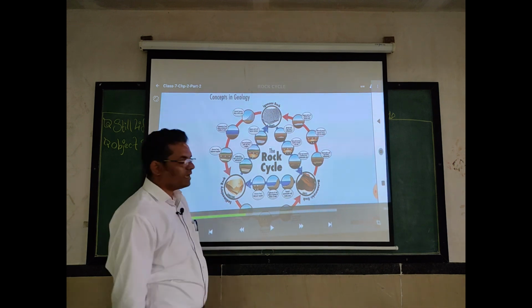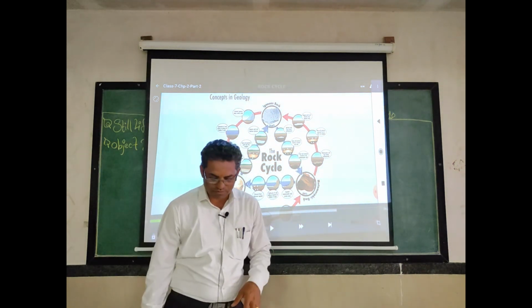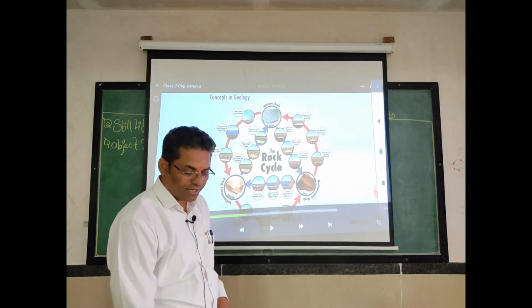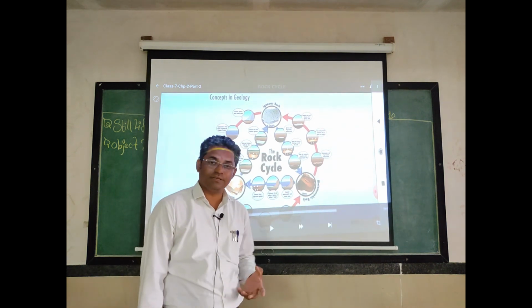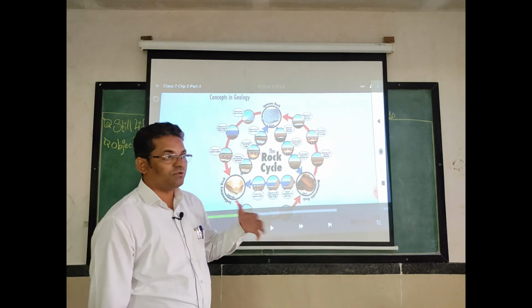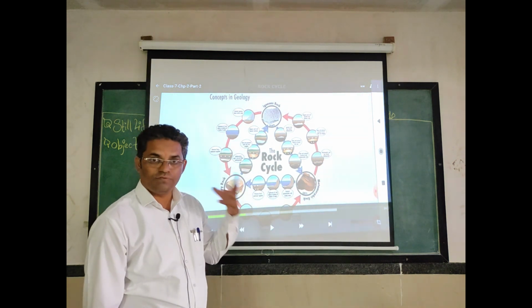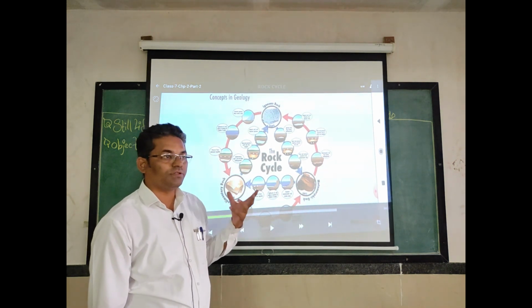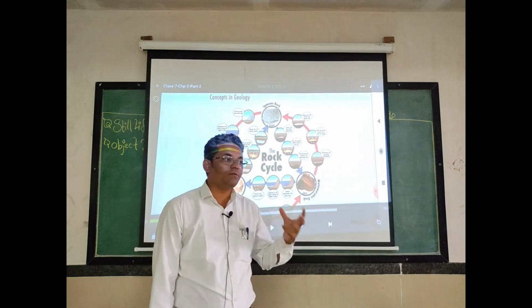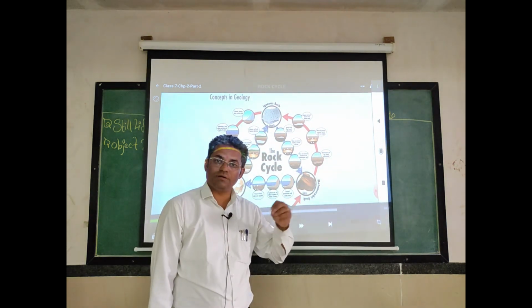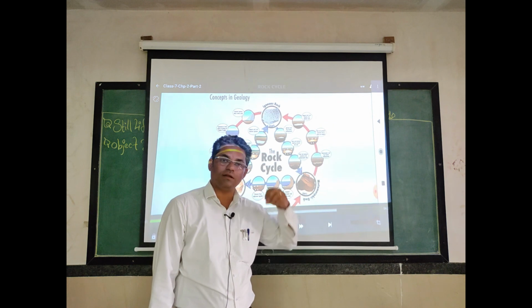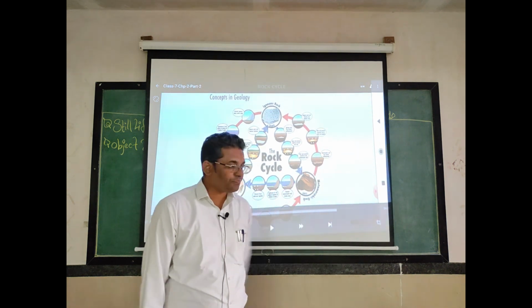Now sedimentary rock has several things, like sometimes while flowing the river, you might have seen, Hindu funerals are taking place on the bank of the river. So the remains after the funerals are thrown in the river.